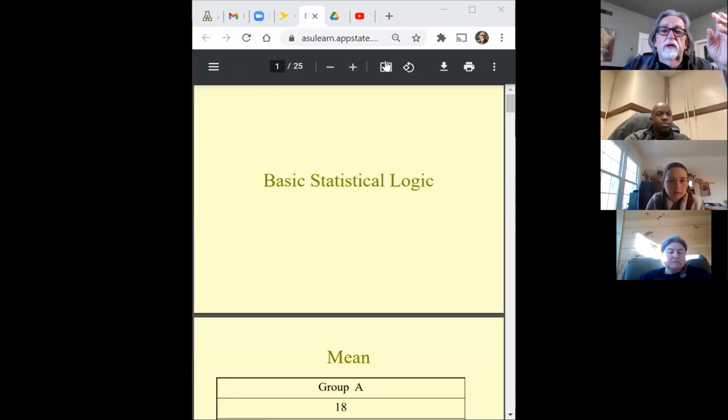So yeah, I'm going to go over to the share screen and pop this PowerPoint up. It's up on the website on As You Learn. It's just called Basic Statistical Logic. And let me see if I can get some stuff out of the way here on my screen so I can actually see it.